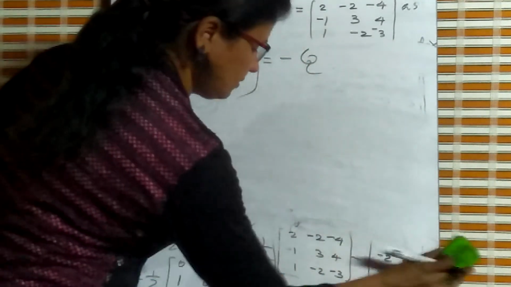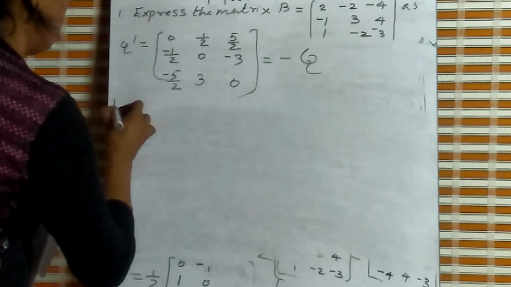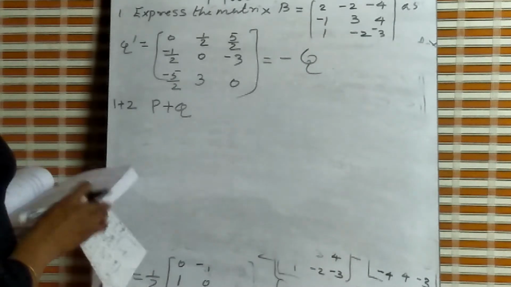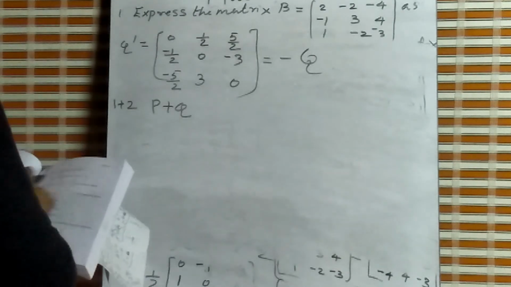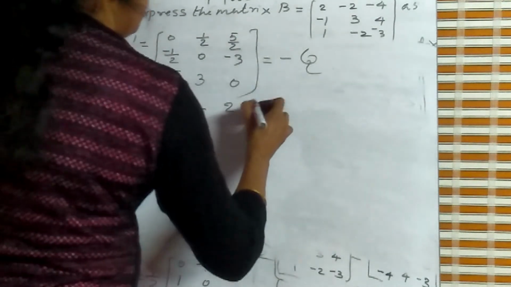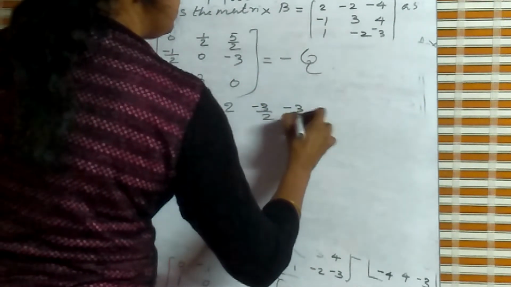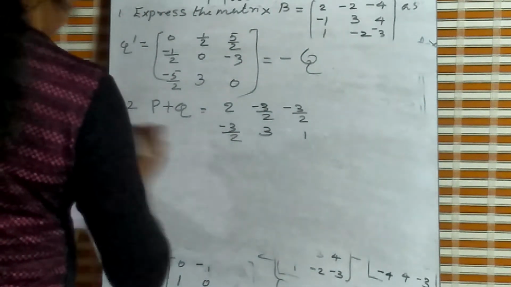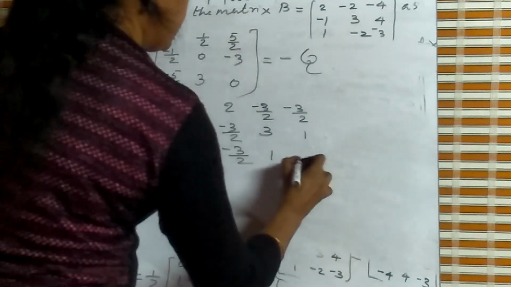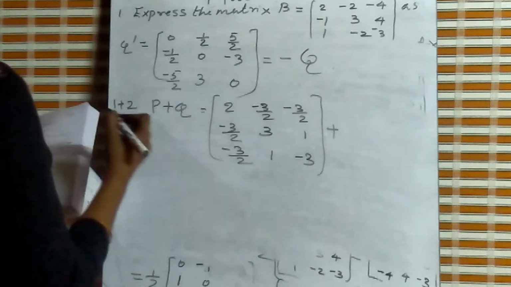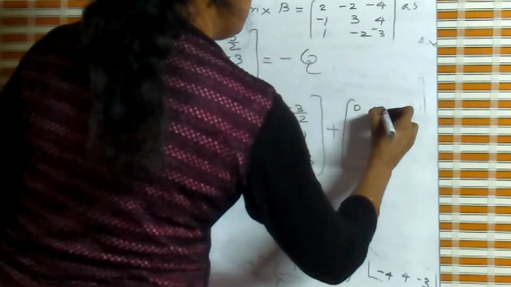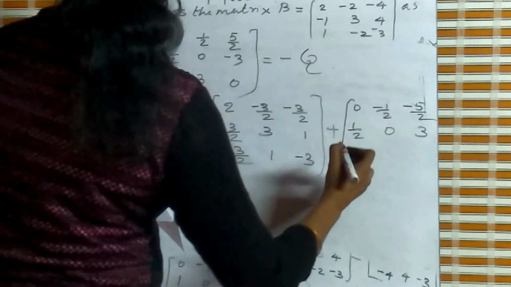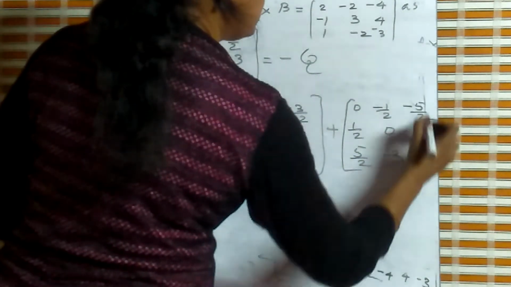Then adding 1 and 2, P plus Q is [2 -3/2 -3/2; -3/2 3 1; -3/2 1 -3] plus [0 -1/2 -5/2; 1/2 0 3; 5/2 -3 0].